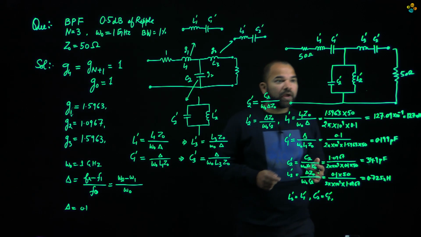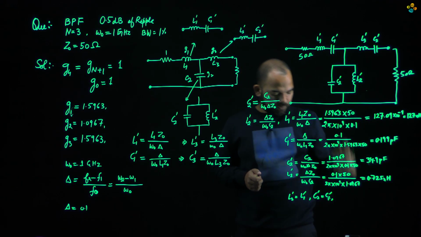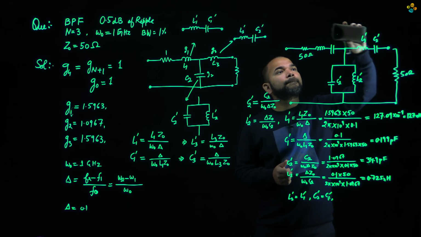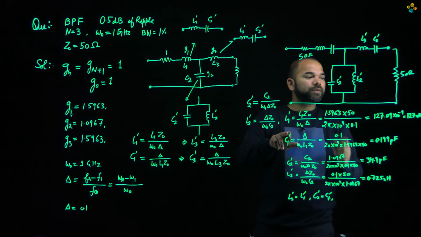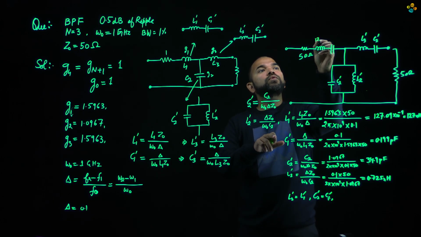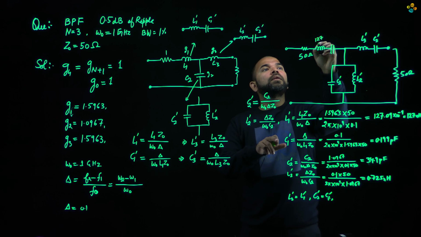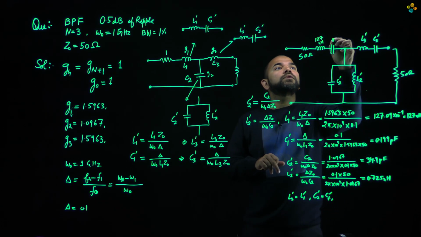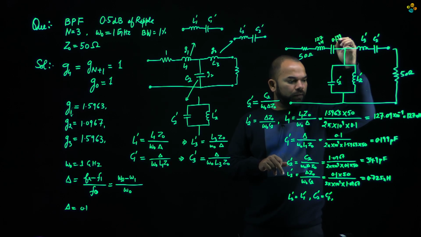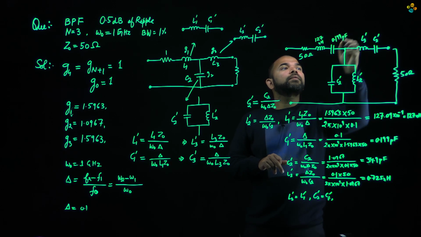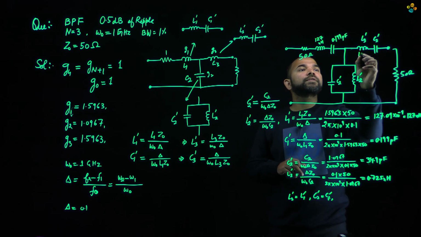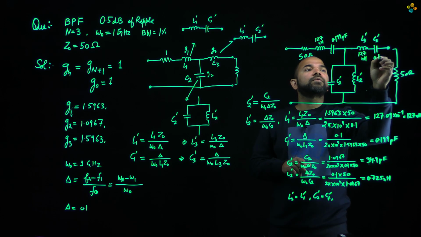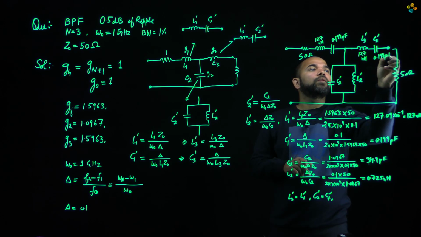So let's put these values on the filter. L1 dash is equal to 127 nanohenry, and this capacitance is 0.199 picofarad. Similarly, here also we have 127 nanohenry, and this capacitor value is 0.199 picofarad.